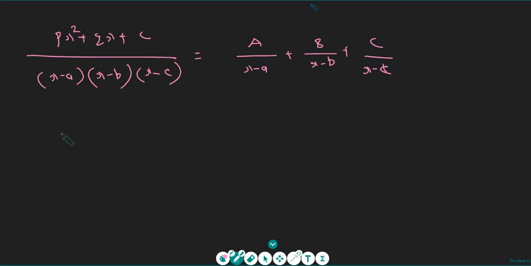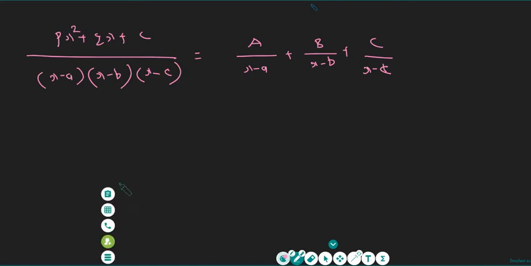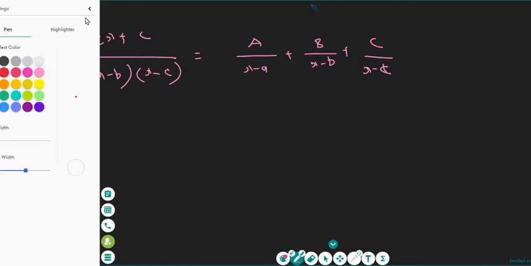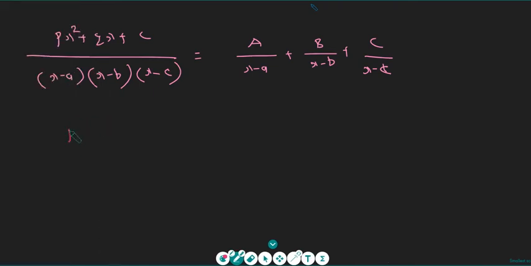For example, suppose you get a fraction like this, px squared plus qx plus c. No, in that case you will get a cubic term over here. Just a moment. I will not get px squared plus qx plus c.